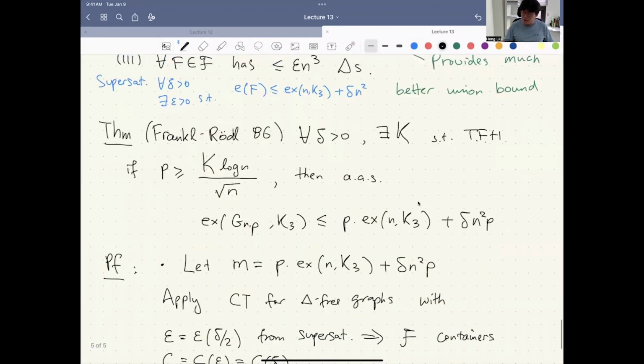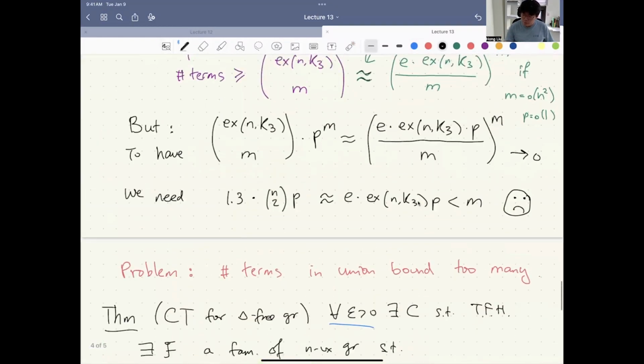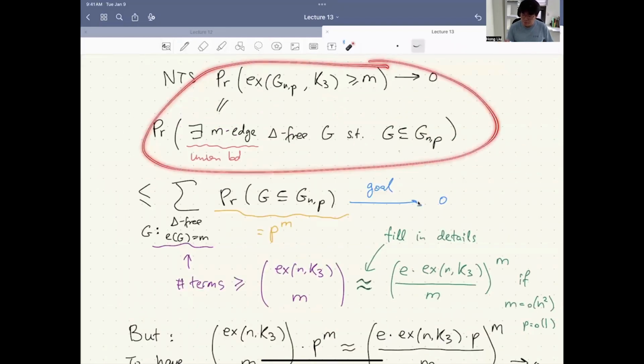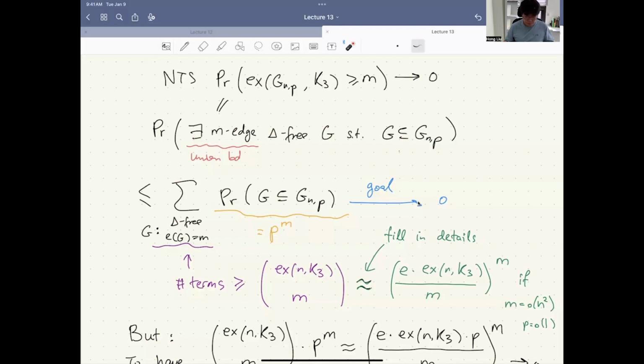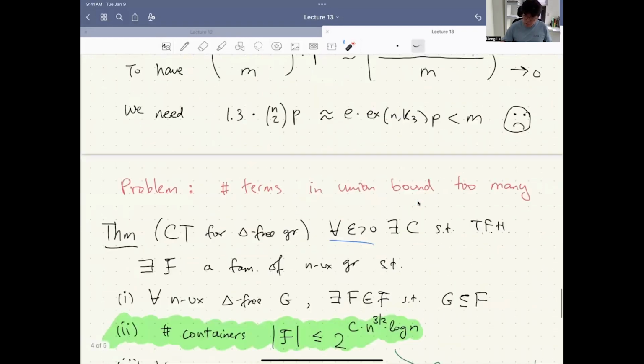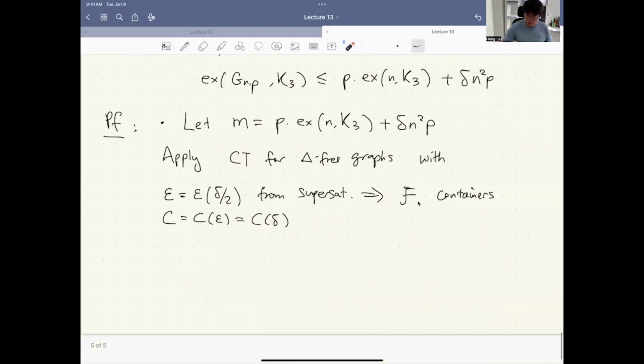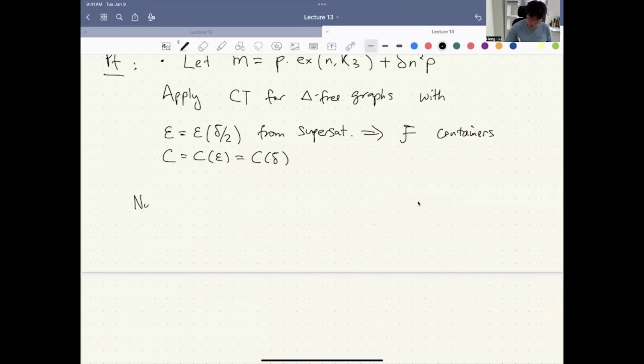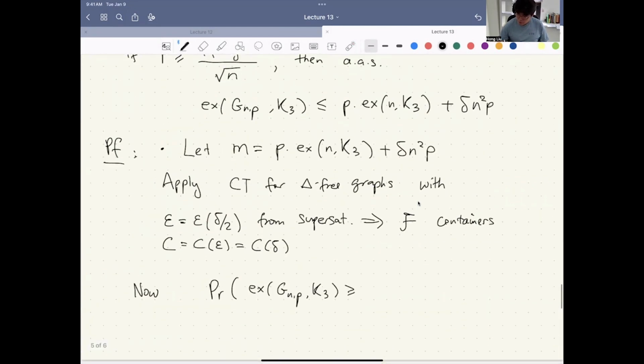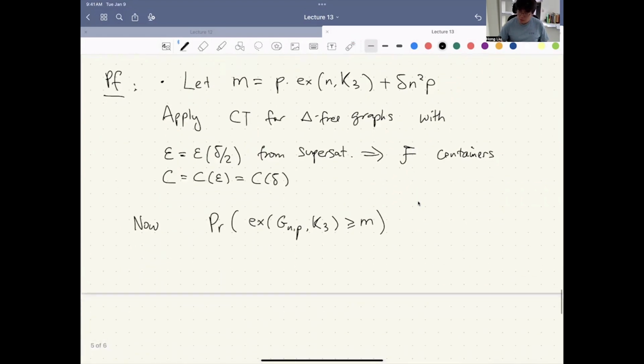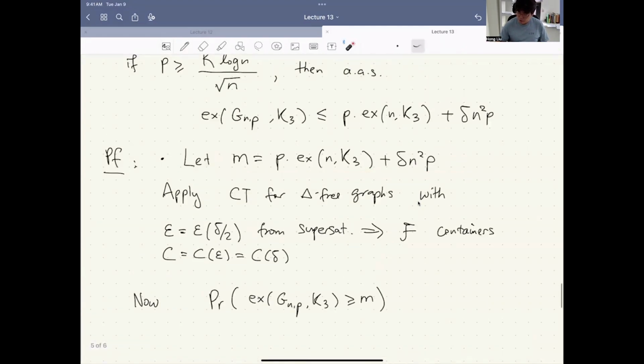Now, let's estimate the single probability here, this guy. Now the probability that G(n,p) has more than M edges, bigger than the bound we want to prove. Let's rewrite it.